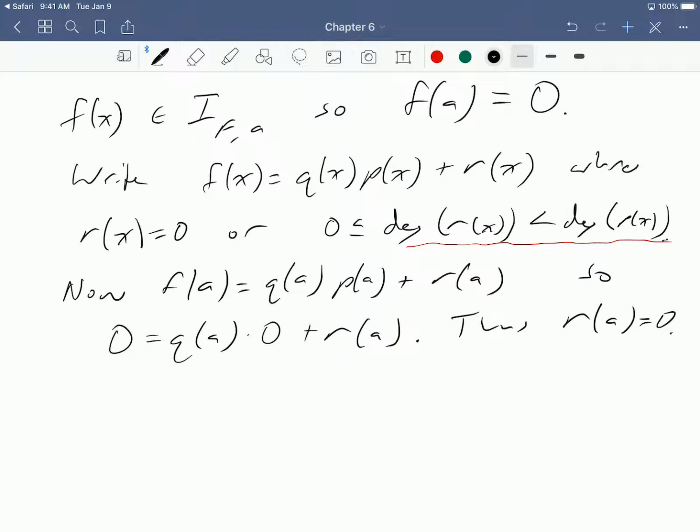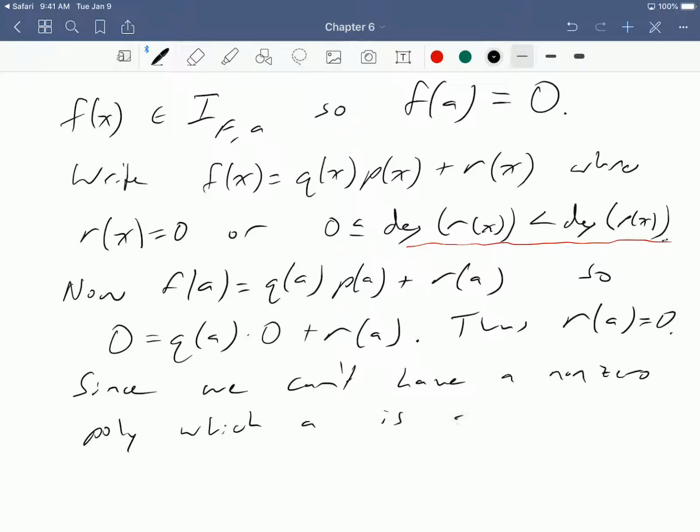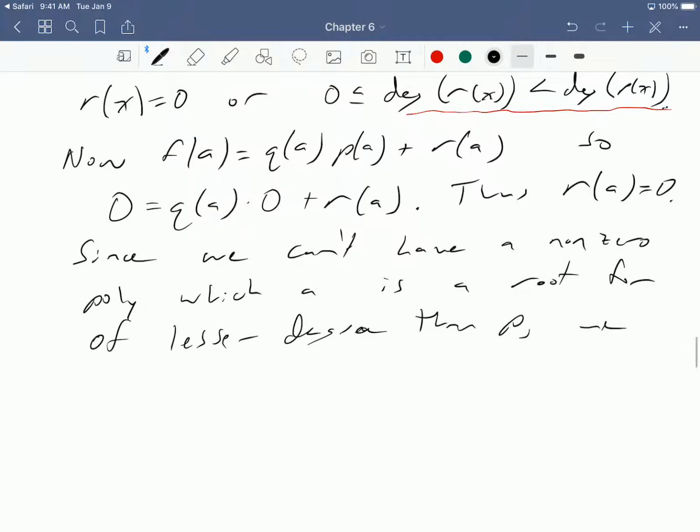And if we look at the above, since we can't have a non-zero polynomial which A is a root for that's of lesser degree than p, that must mean that r of x is actually 0.